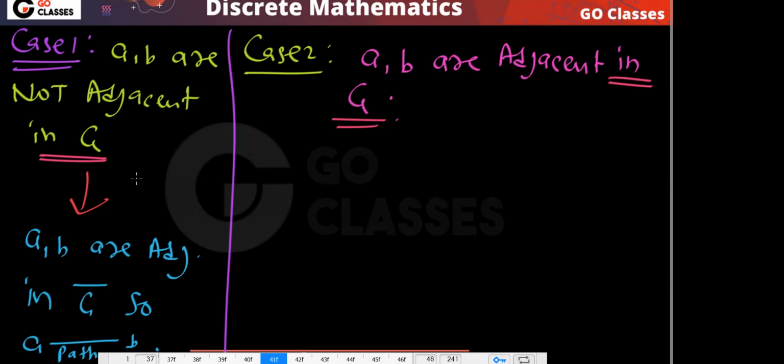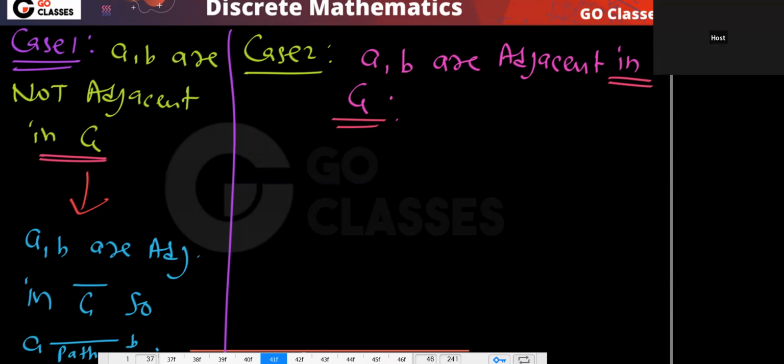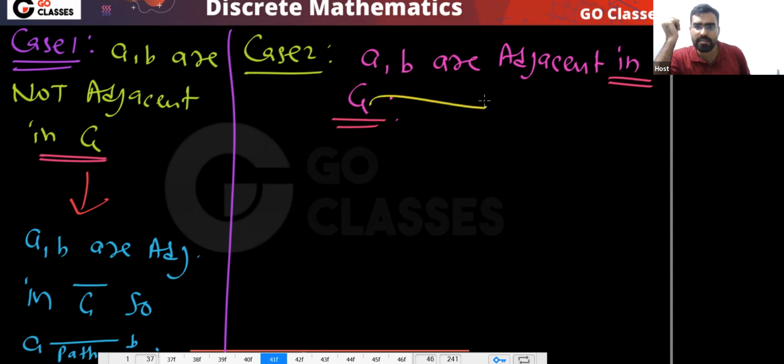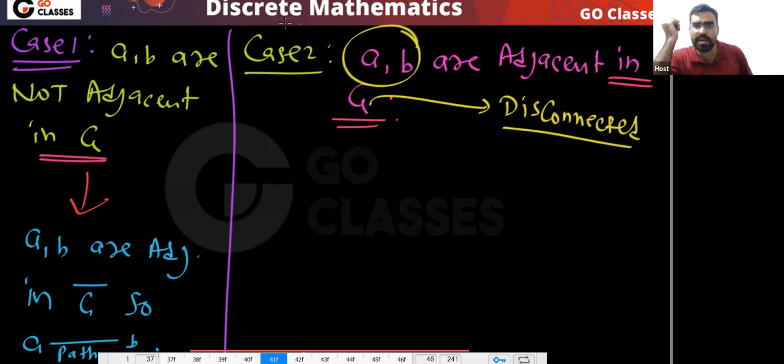Now what? Now this case is remaining. A comma B are adjacent in G. But G is disconnected, right? You agree that G is disconnected. It is given to you that G is disconnected. And A comma B are adjacent.